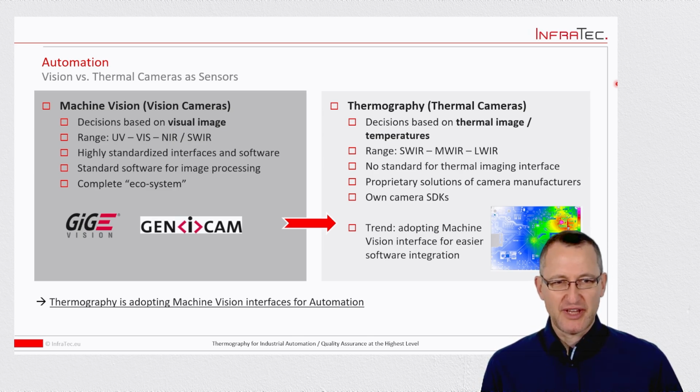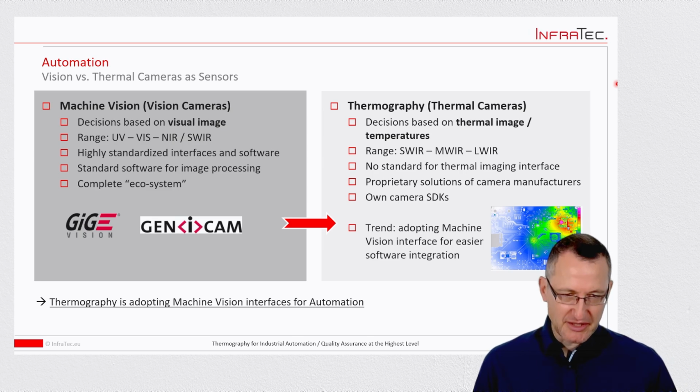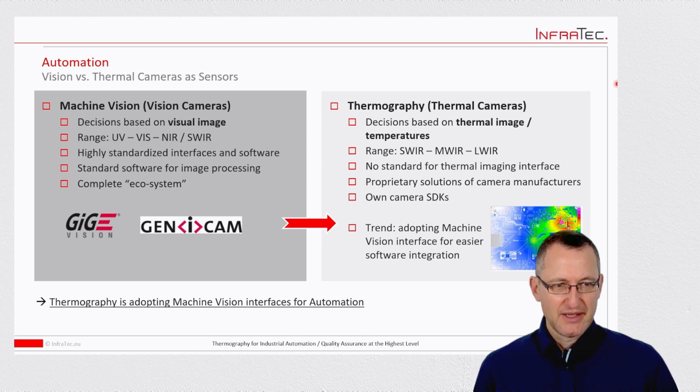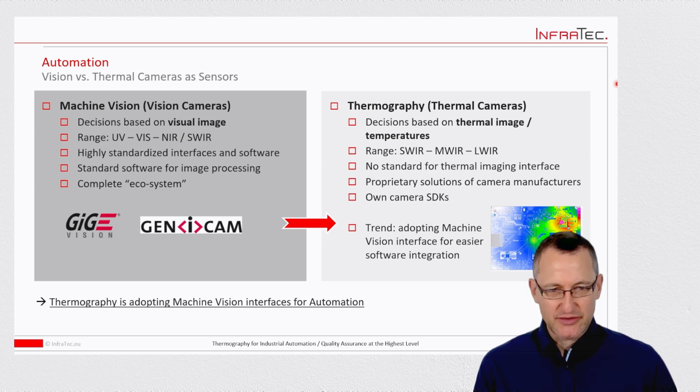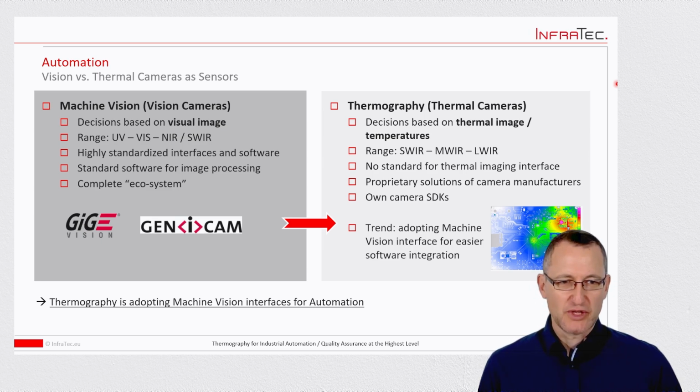In terms of standards, there's not really a standardization for this kind of data. So there are typically proprietary solutions of camera manufacturers that offer their own SDKs for the integration. However, there is a trend in the thermography world to adopt a machine vision interface to allow easier software integration.